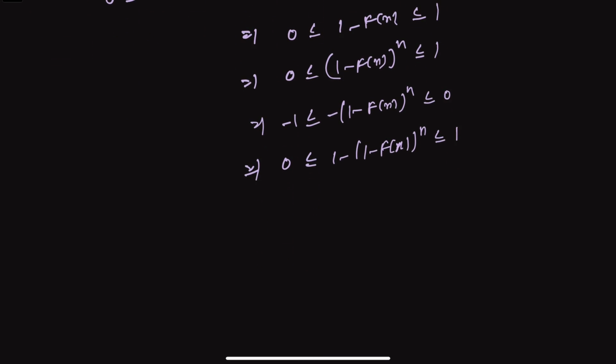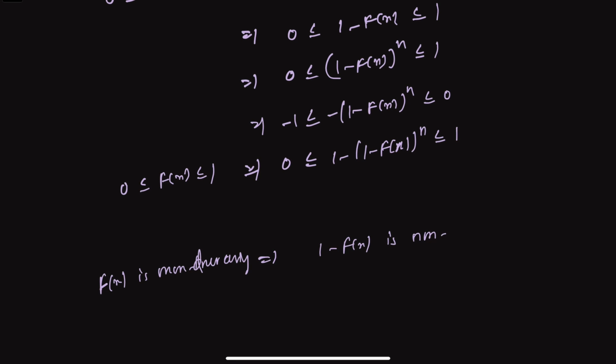So if 0 is less than or equal to F of x, which is less than or equal to 1, that means 0 is less than or equal to (1 minus F of x) whole to the power of n, which is less than or equal to 1. Now if F of x is non-decreasing, that means 1 minus F of x is non-increasing.